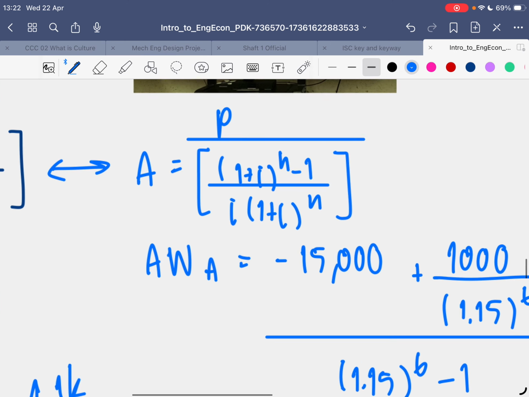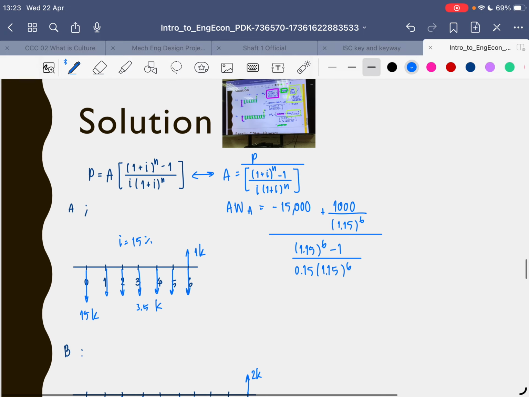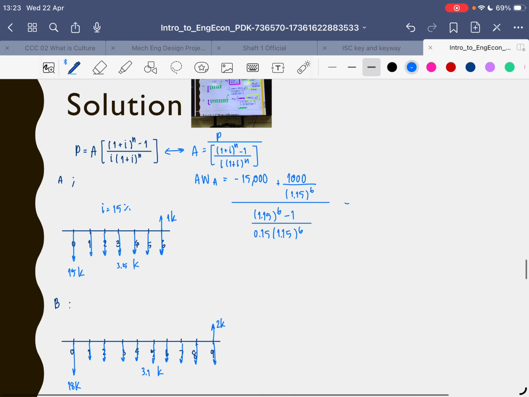I divided this to make an annual value, and then I have minus 3,500 as the annual payment. If everything I have done is correct, this final value is minus 7,349.32, 7,349. So this is the first option's annual worth analysis.